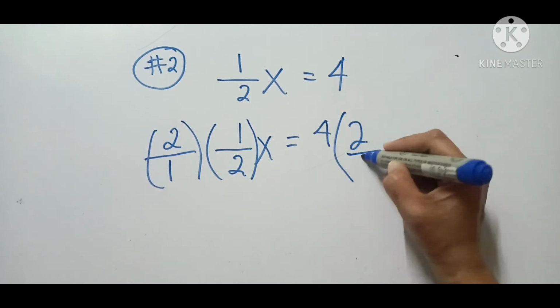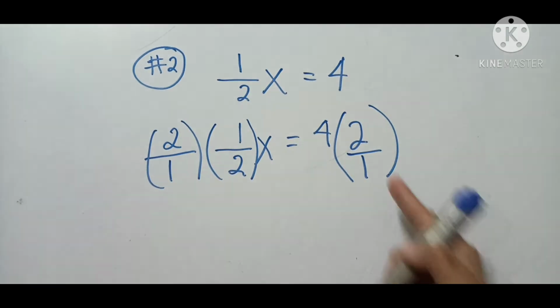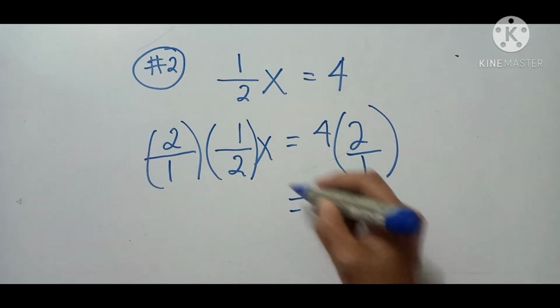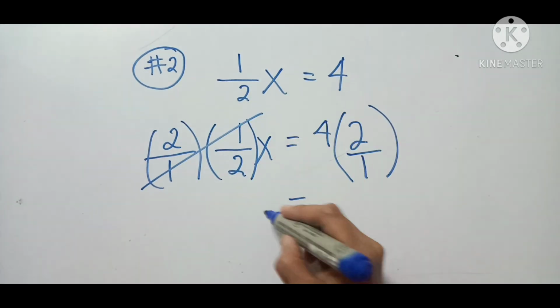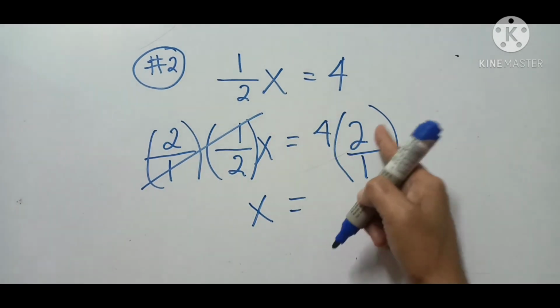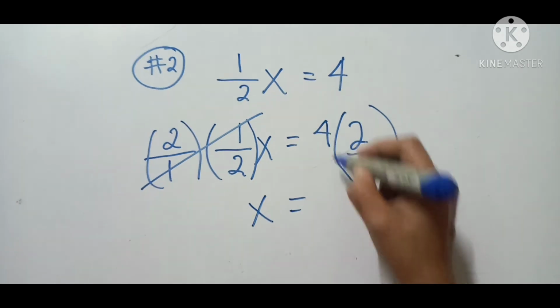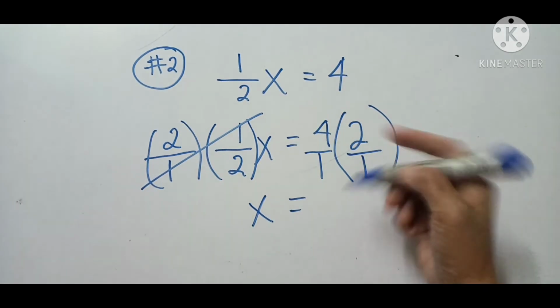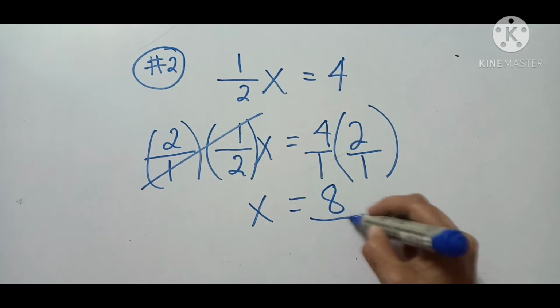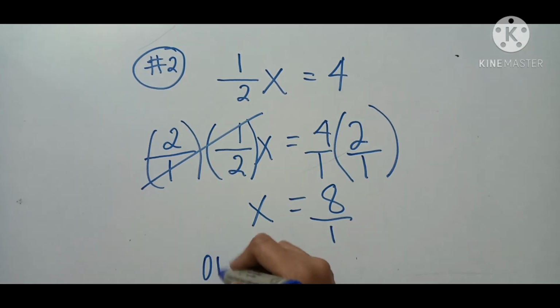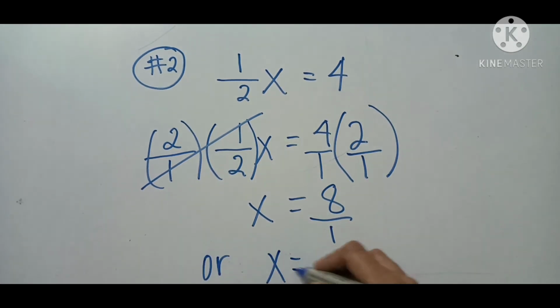You can put 1 or over 1 in 4 so that you will not be confused. You can now multiply 4 times 2. So the answer or the value of x is 8.